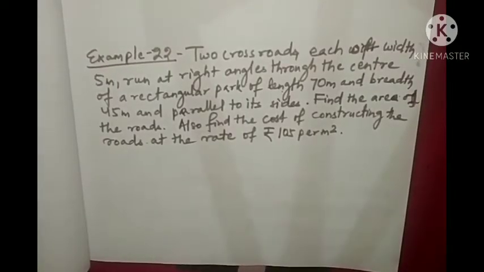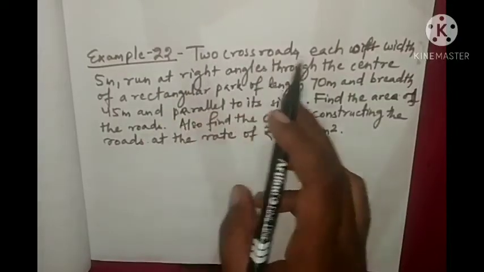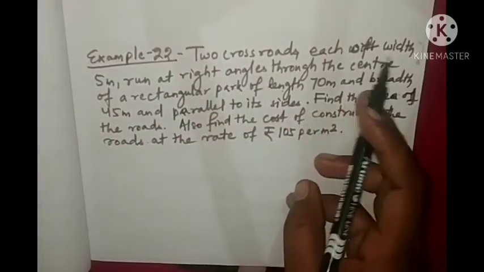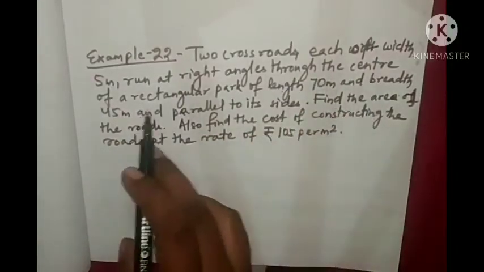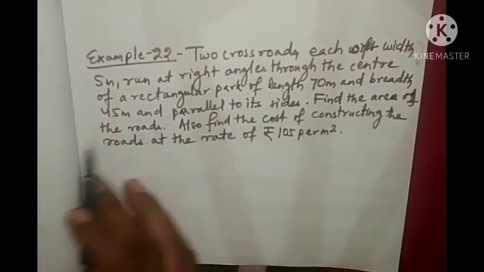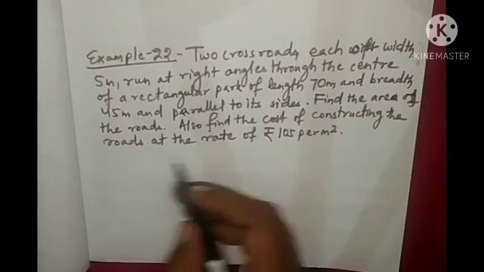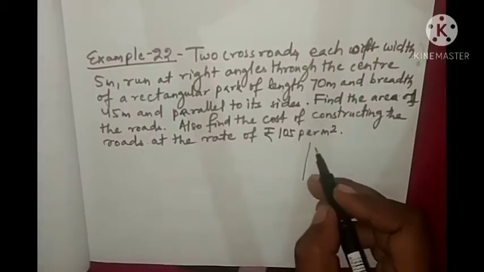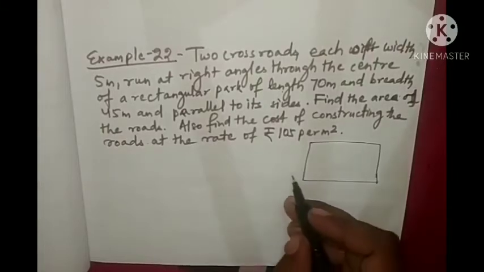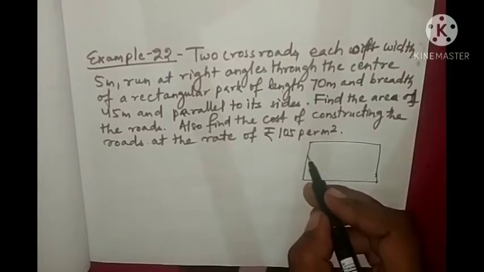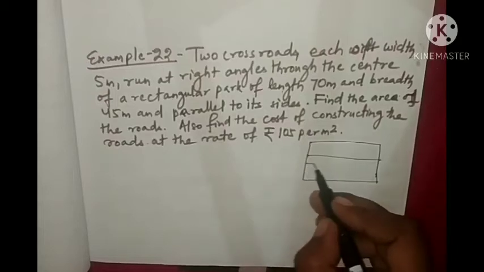Example 22 is given: two crossroads, each of width 5 meter, run at right angles through the center of a rectangular park. First we will draw the rectangular park. So this is a rectangular park with two crossroads.